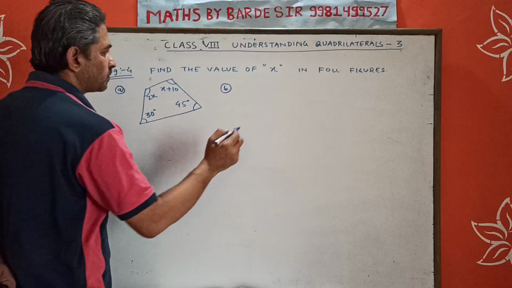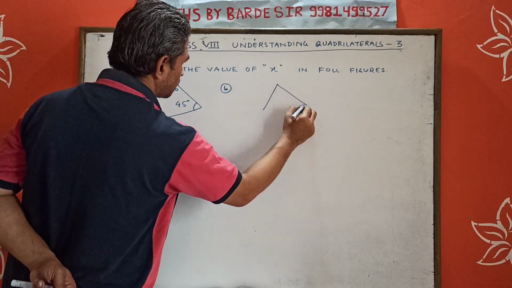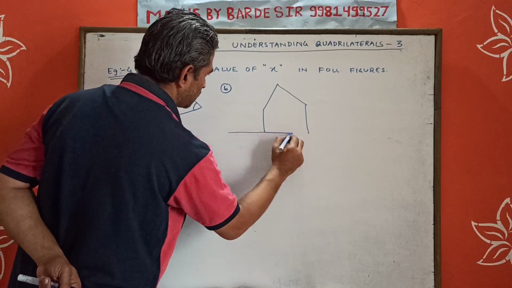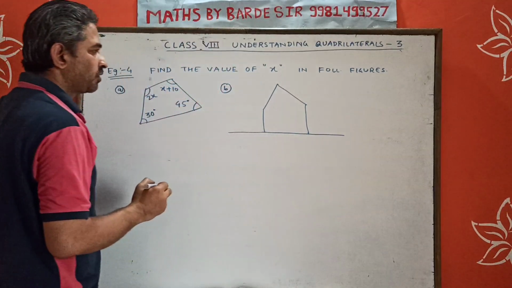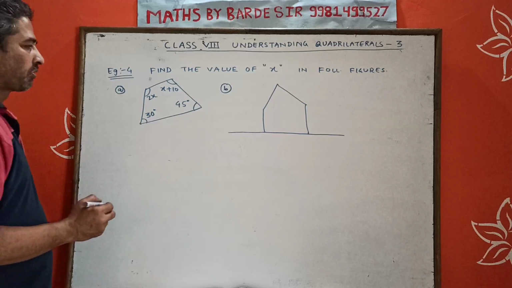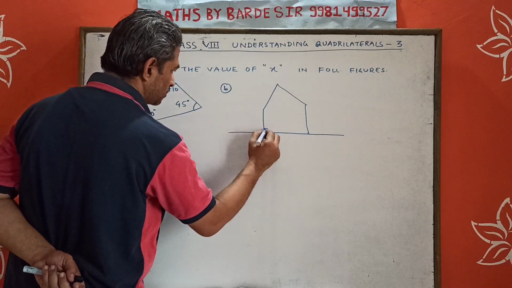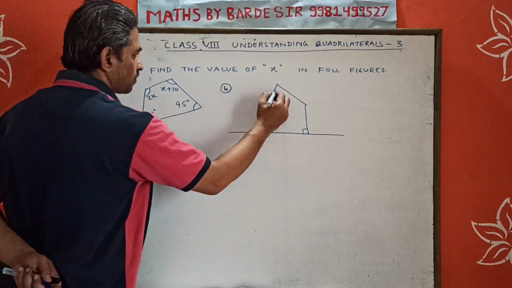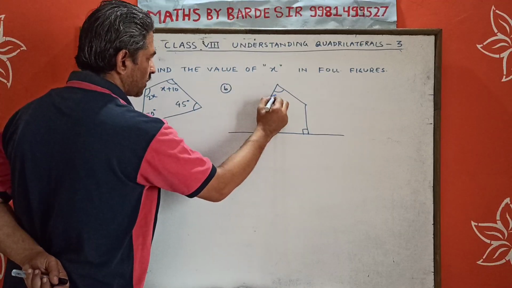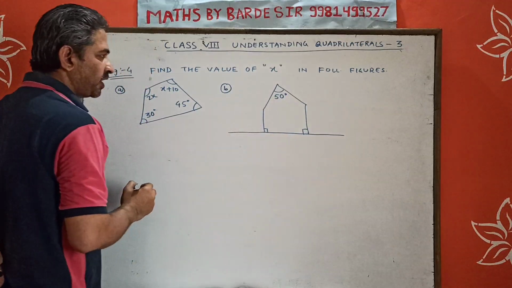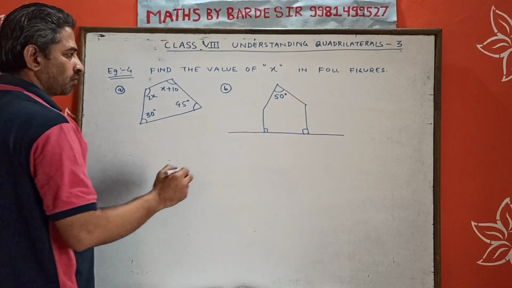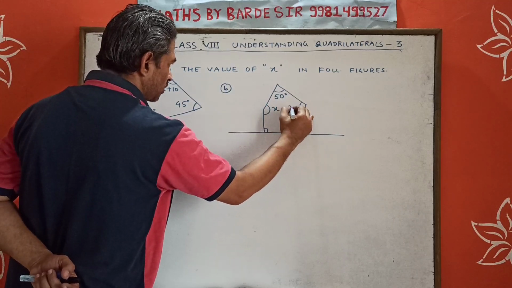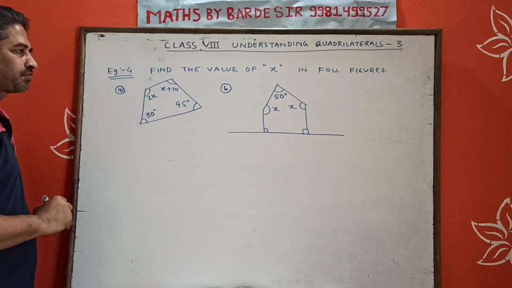Second one. Similar question you have in your NCERT book. This is perpendicular, this is perpendicular. This one is 50 degree. This is x and this is also x.